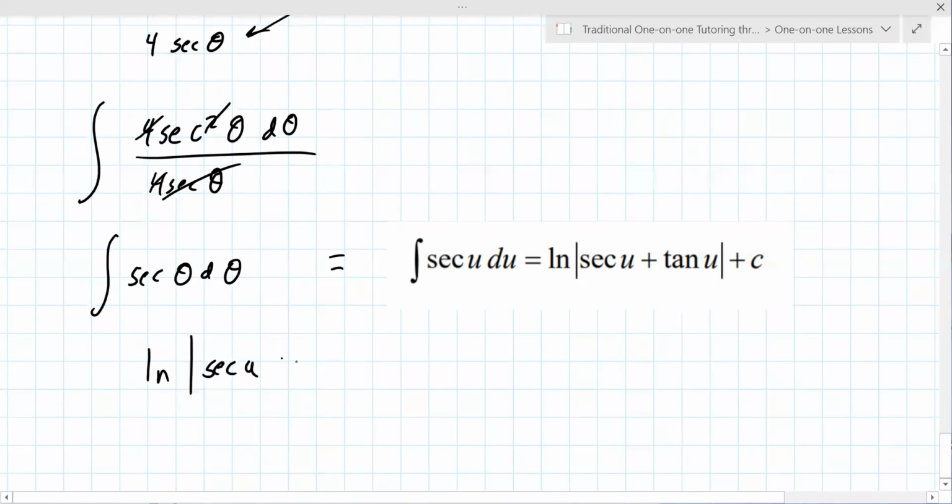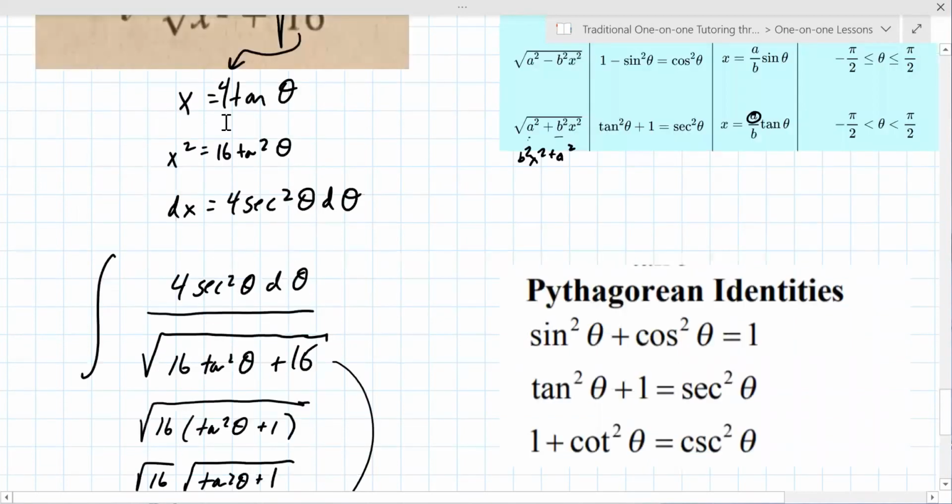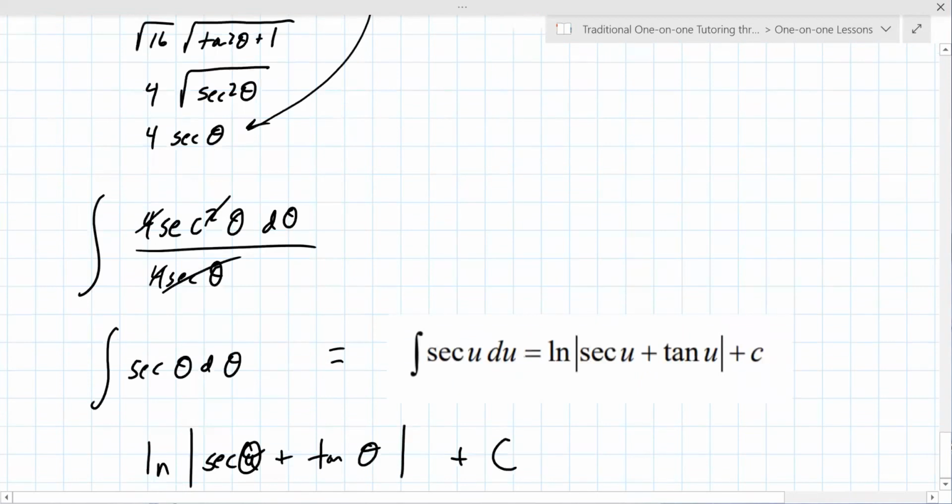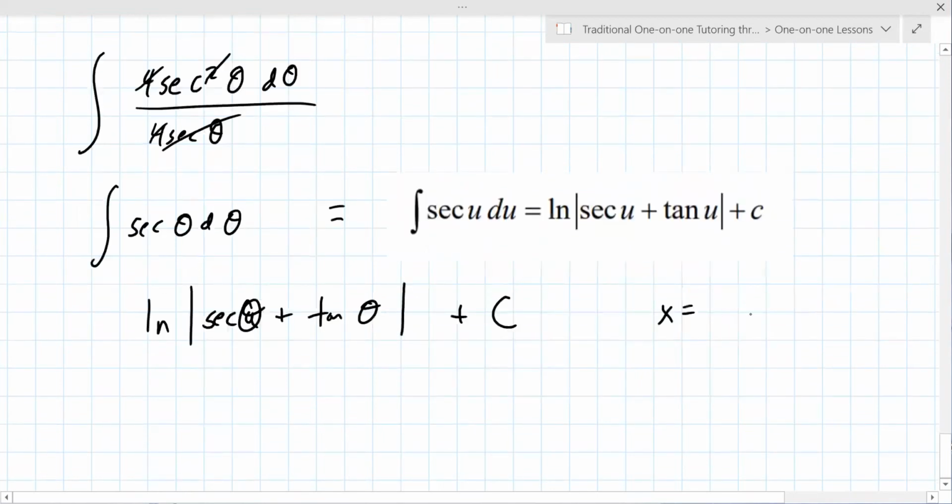Okay, but you are not doing it in terms of u or theta. You're doing it in terms of something else. You have to go back and look at your substitution. You said x equals 4 tangent theta. I think a lot of students don't get this down: you have to do it in terms of x. So x over 4 equals tangent theta. You draw a right triangle, put theta there, tangent of theta is opposite over adjacent, x over 4.